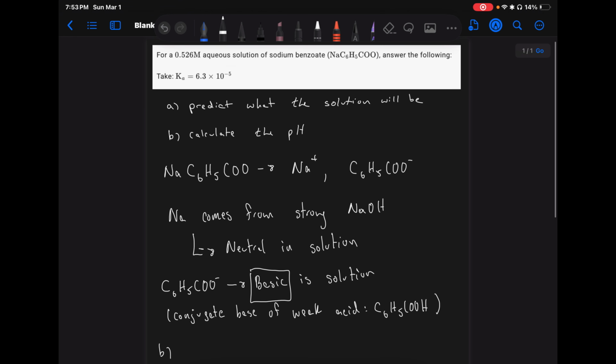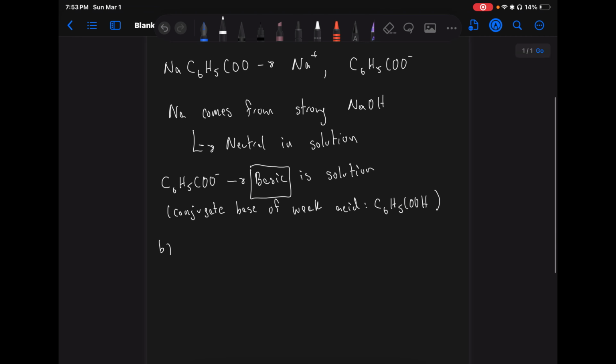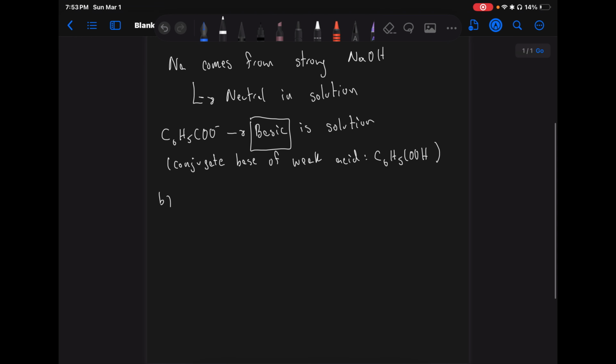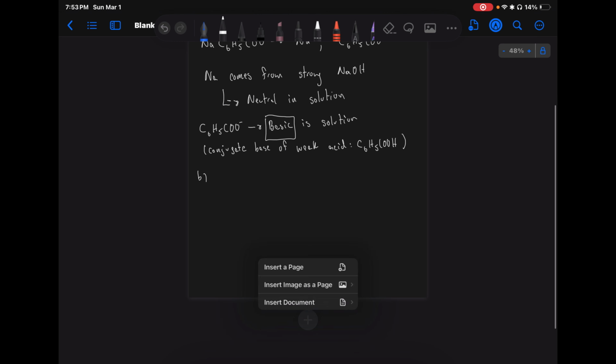So we know the K value and we know the moles of sodium benzoate. So the first step, honestly, would be to form an ICE table. I'll start this on the next page.